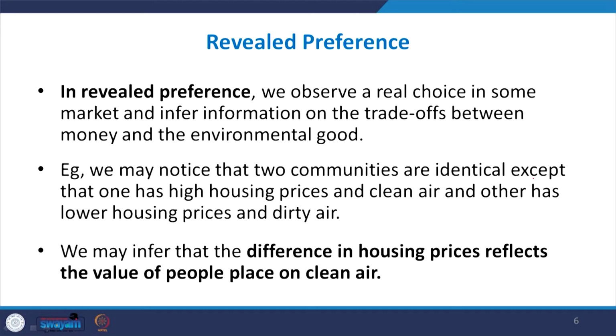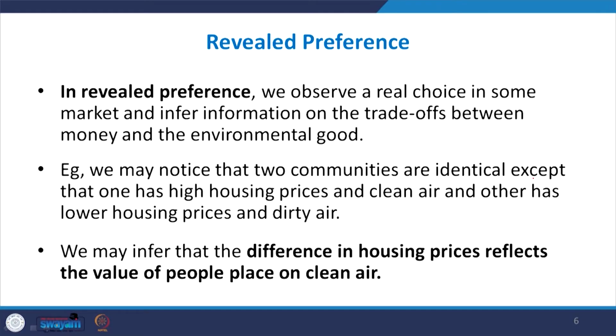For example, we may notice that two commodities are identical except that one has high housing prices and clean air, and the other has lower housing prices and dirty air.